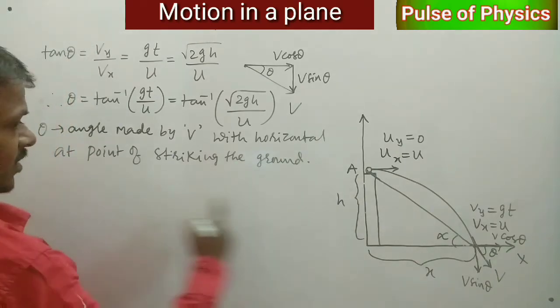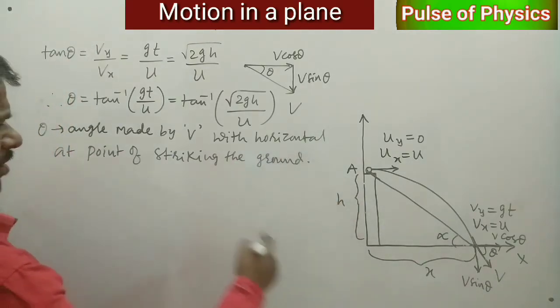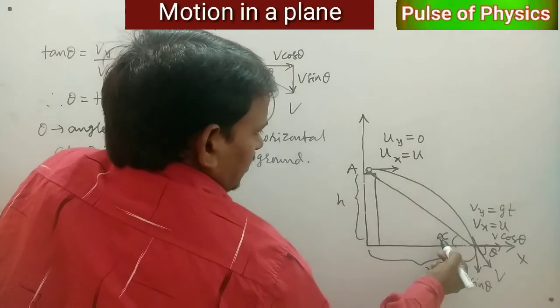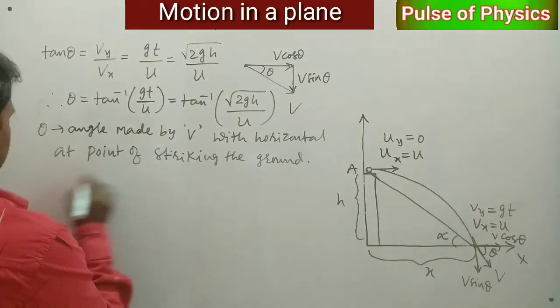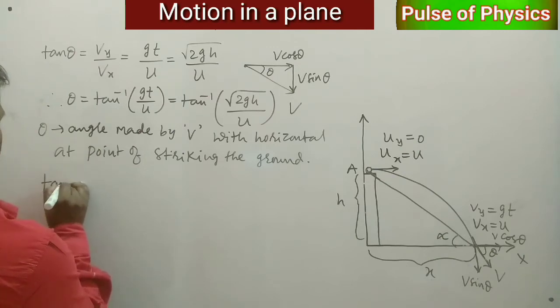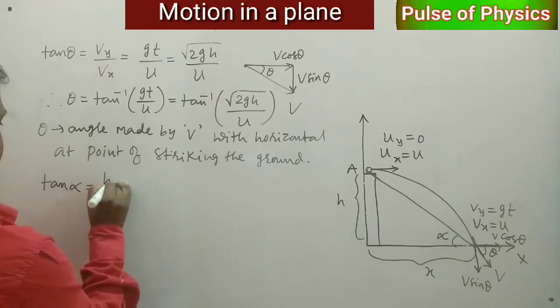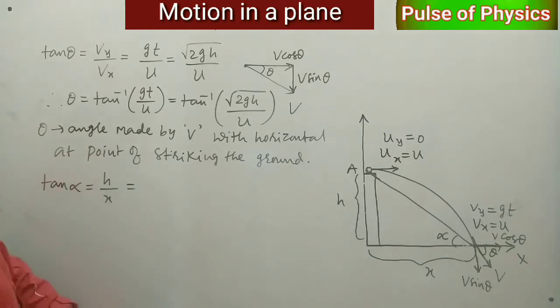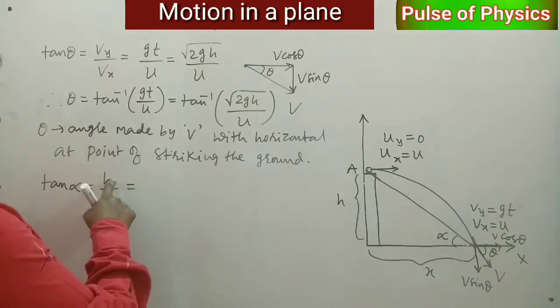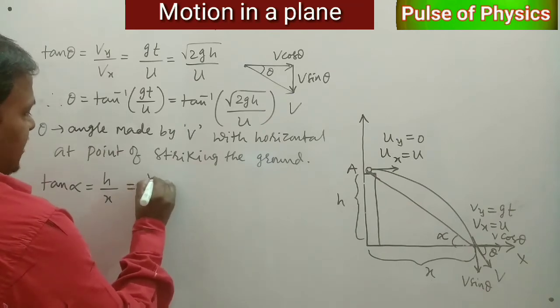Next, I am finding alpha from this diagram. Tan alpha is equal to h by x. Here tan alpha is equal to h by x. H is nothing but, we got already h is equal to half gt square.